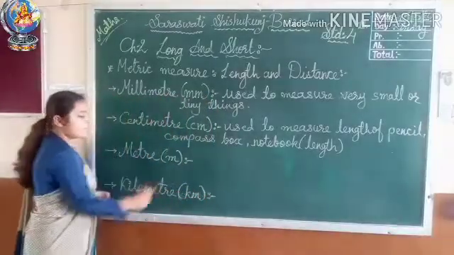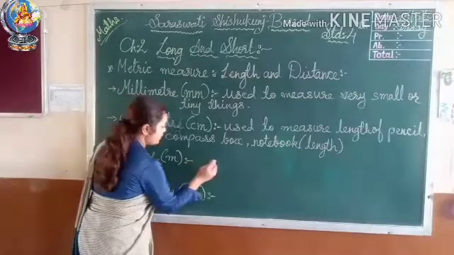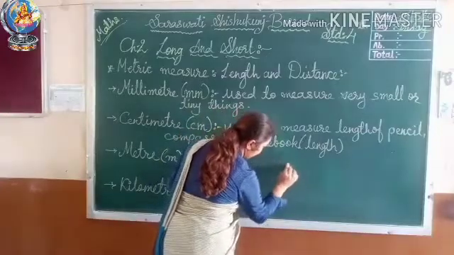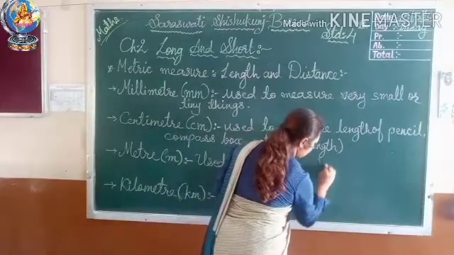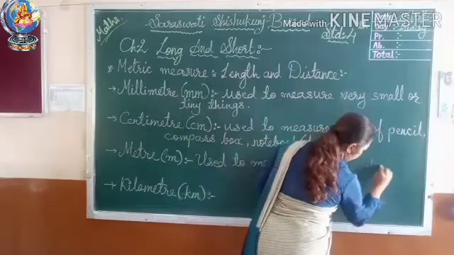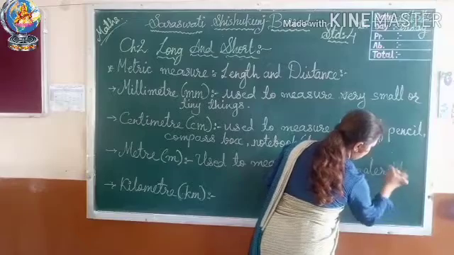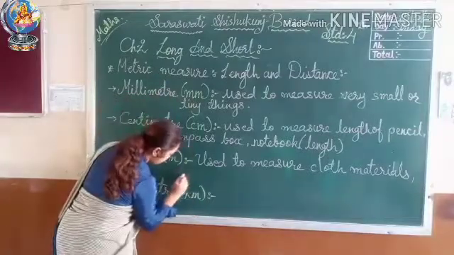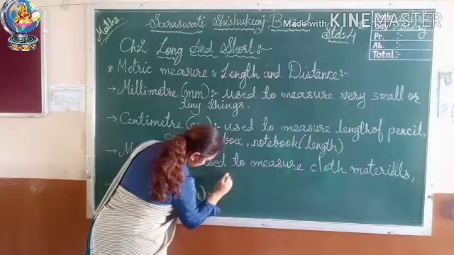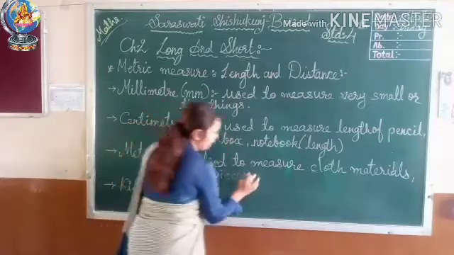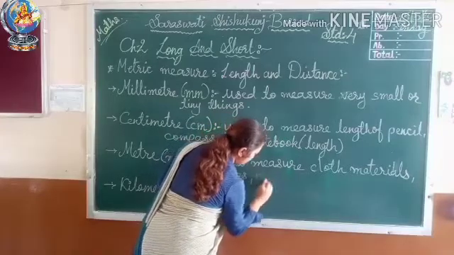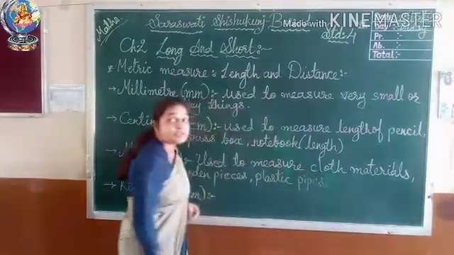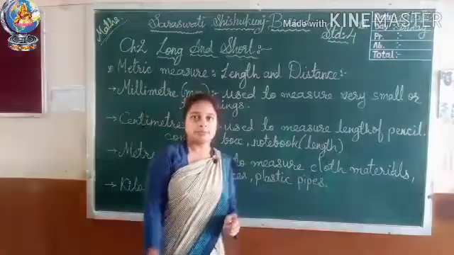Then meter, which is used to measure cloth material, then wooden pieces, and plastic pipes, which we use for water transfer at our home.